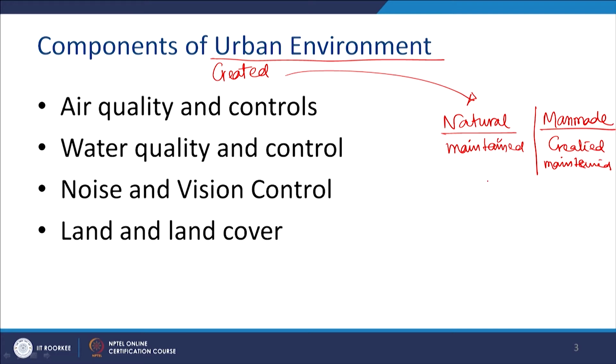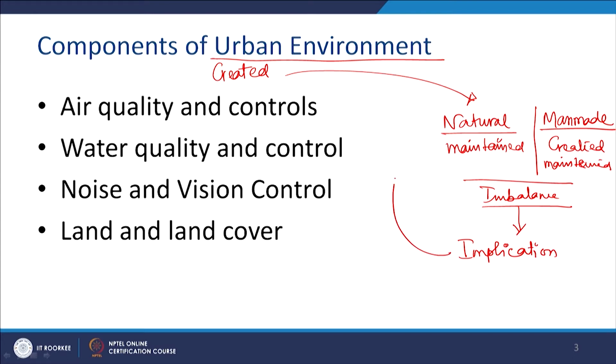Now, because of imbalance or wrong planning, there are a lot of implications in the environment.